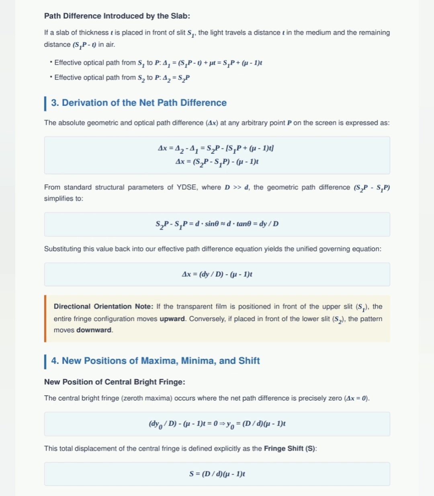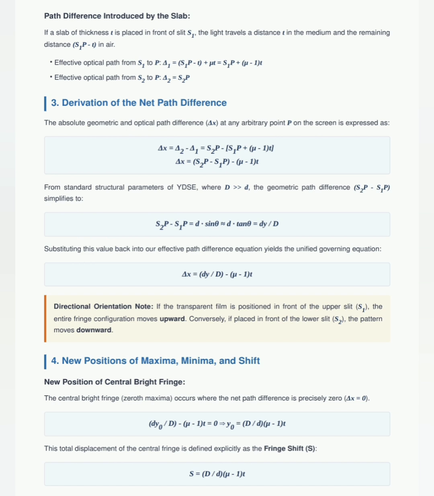So the effective optical path from S1 to P, which we call delta 1, will be S1P minus T plus mu T, and the effective optical path from S2 to P will be S2P, which we call delta 2. So the net path difference, delta x, will be delta 2 minus delta 1, and we get S2P minus S1P minus (mu minus 1)T.